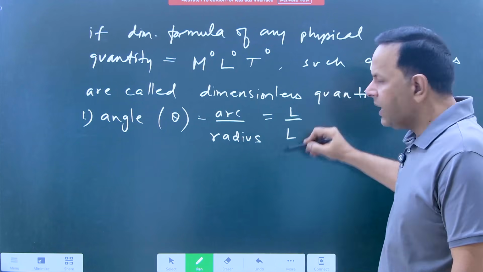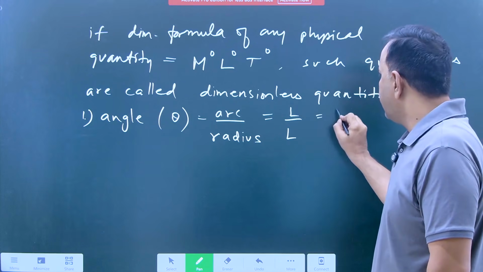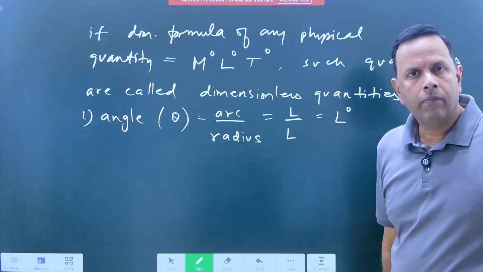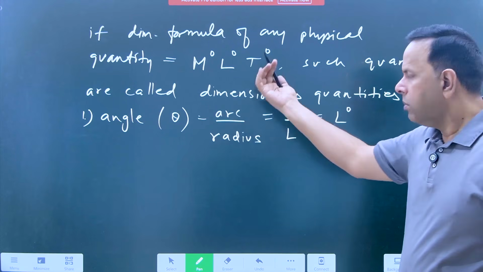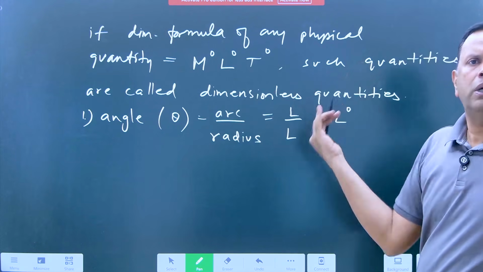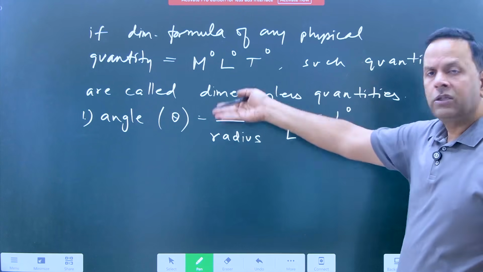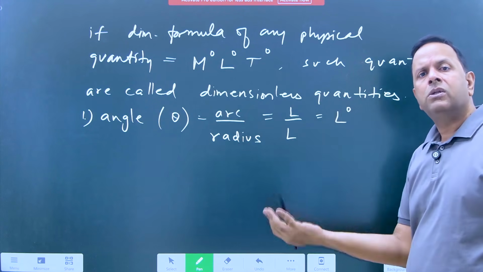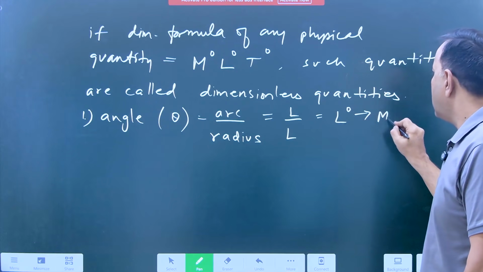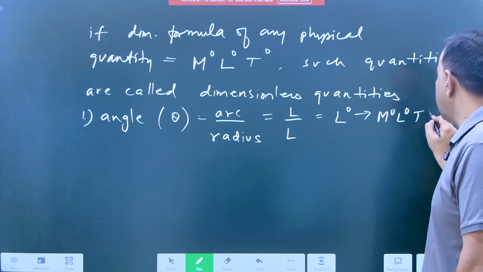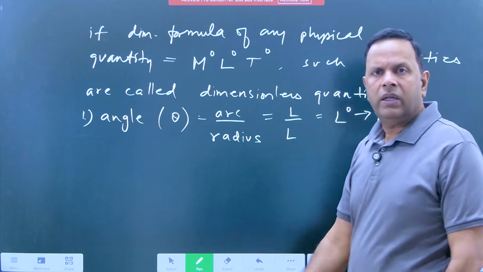So if you divide L by L, do we get L raised to 0? You can see there is no mass, no time, no other term. Only length was involved in the formula, and that is also 0. So whether you call it L0 or M0 L0 T0, it's one and the same thing.